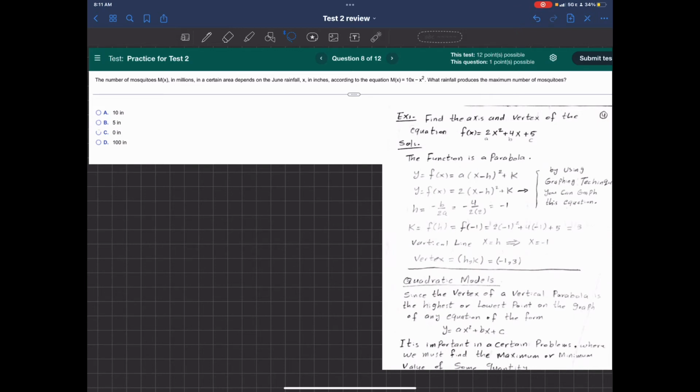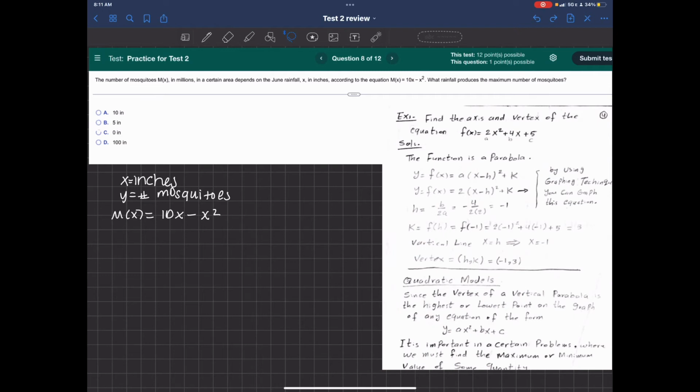Okay, so you're trying to find your solution. All right, so reading the problem, I need to know what my x represents and what my function m of x represents. So x equals inches and y equals the mosquitoes, because y and function m of x are the same. So I get 10x minus x squared.